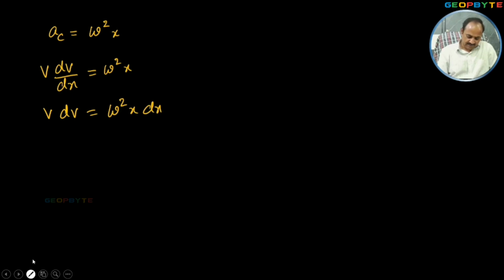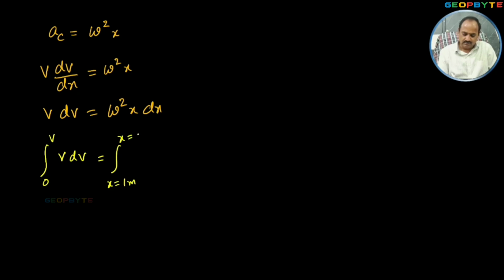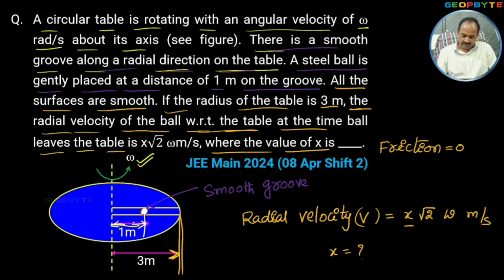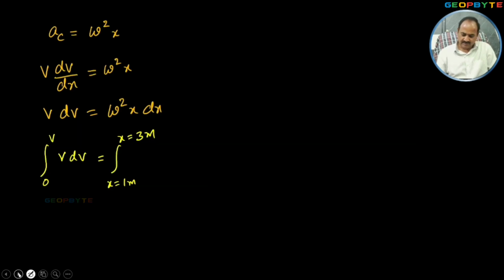Now let us integrate it. Integral 0 to v of v dv equals the integral from x equal to 1 meter to x equal to 3 meters of omega square x dx.